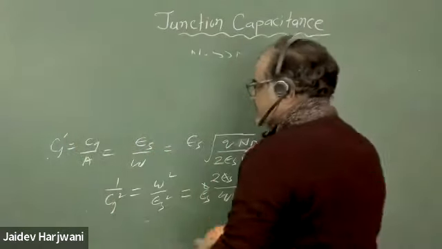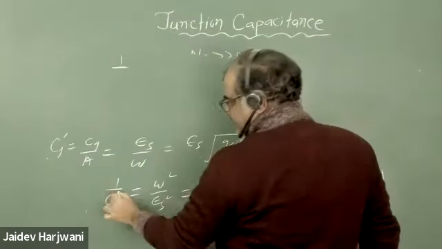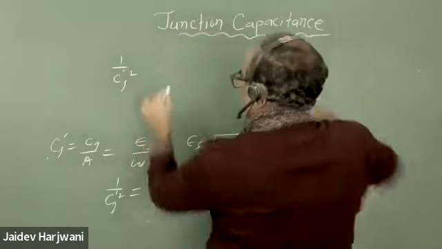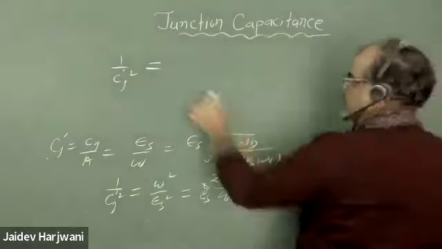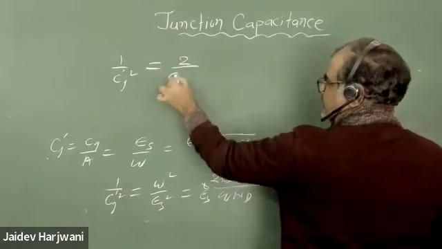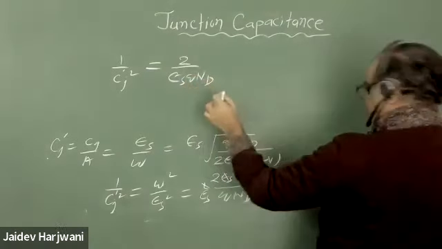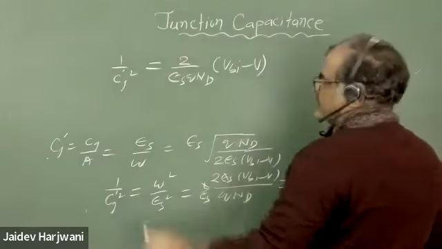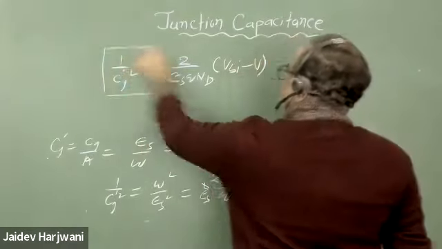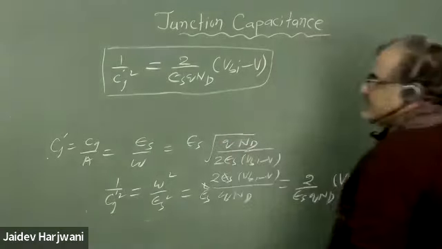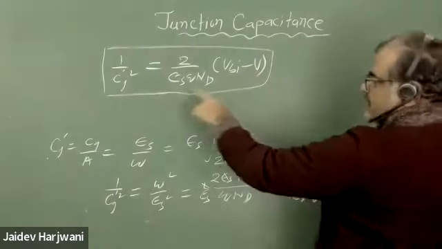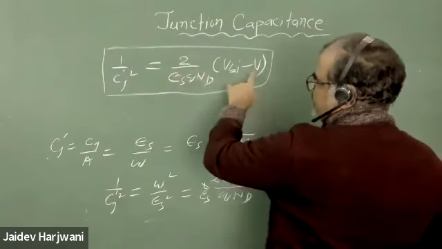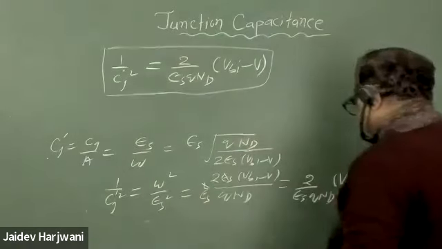Now I can plot this relation. I have 1 upon C dash square equals 2 (VBI minus V) over Es Q ND. This is a straight line equation. If I plot 1 by Cj square versus voltage, it becomes Y equal to minus mx plus c type of equation.